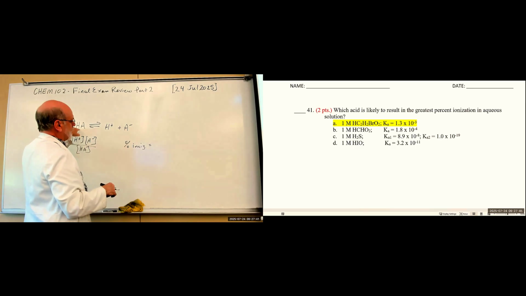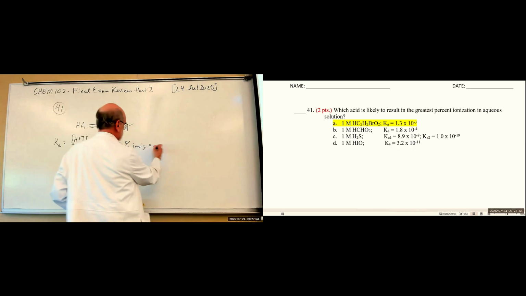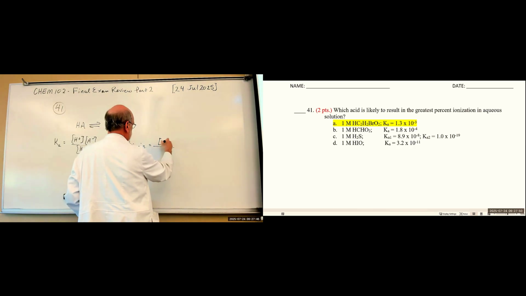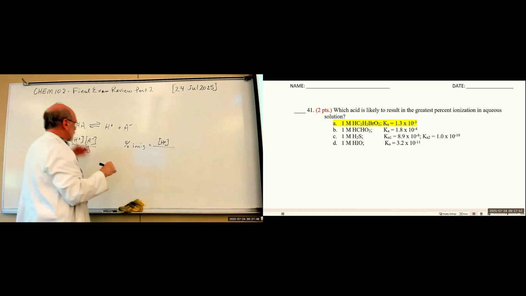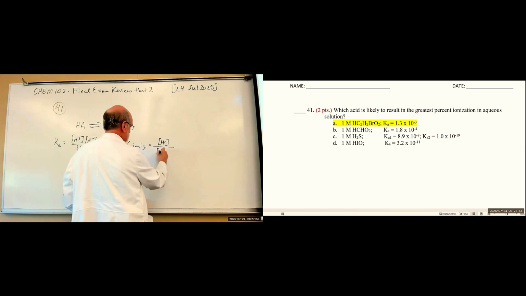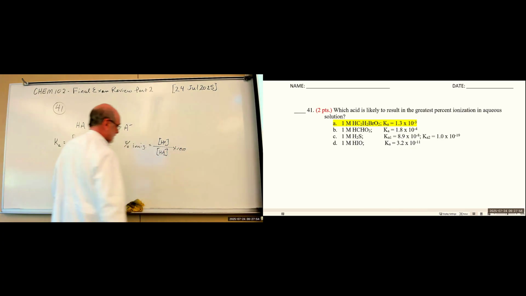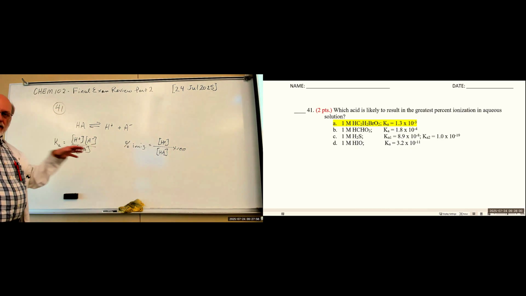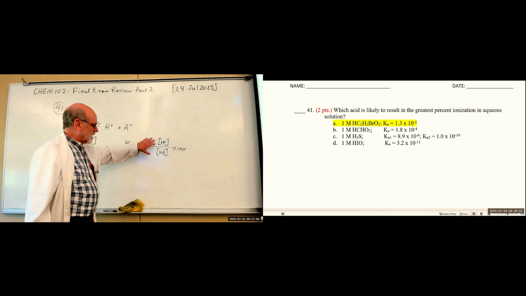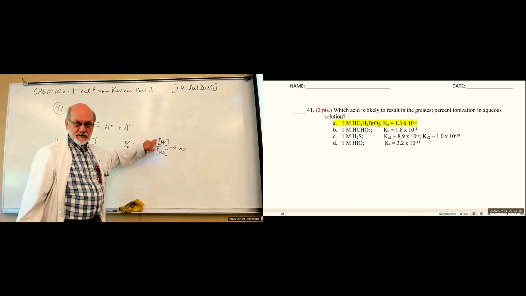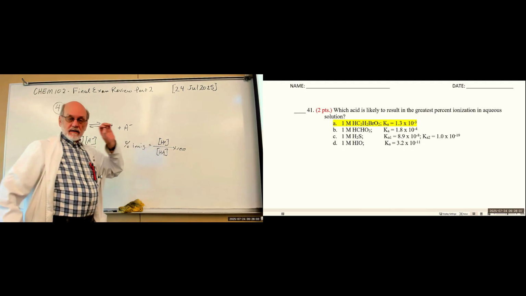How much of this is lost? And we can say in this expression is, say, concentration of H plus, and then what was the original concentration? Times 100. Right? So what's going to govern the values of this one right here?